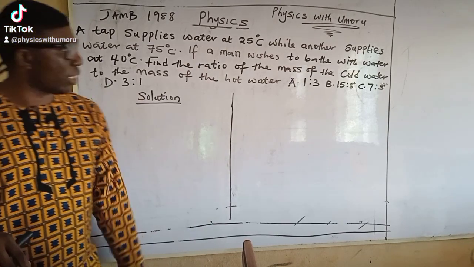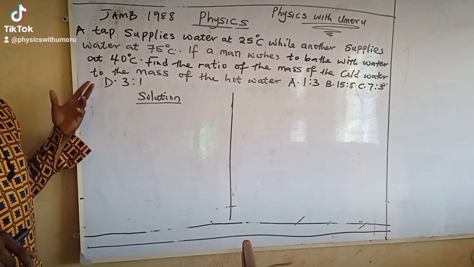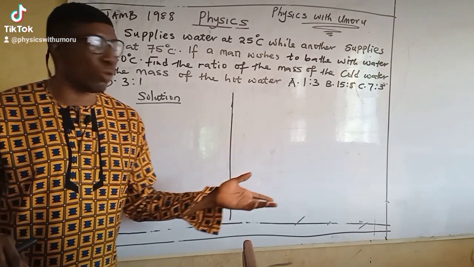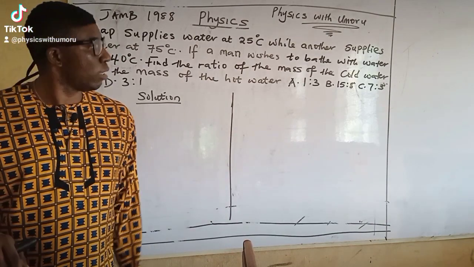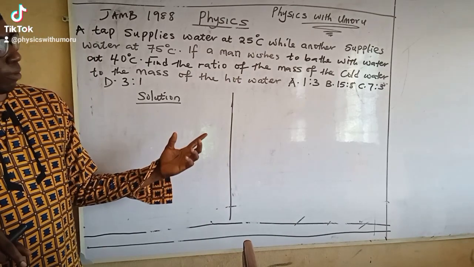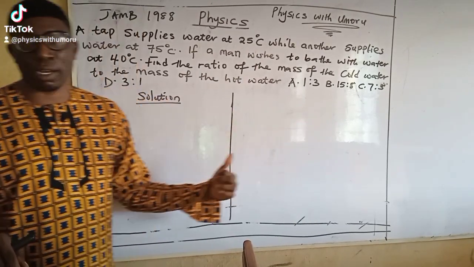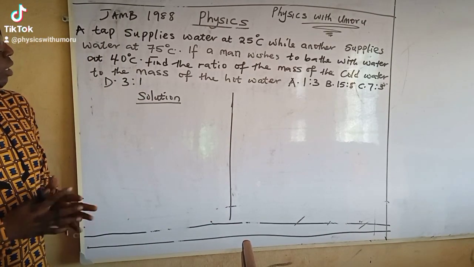If a man wishes to bathe with water at 40 degrees Celsius, find the ratio of the mass of the cold water to the mass of the hot water. We have option A, 1:3, option B, 15:8, option C, 7:3, and option D, 3:1.